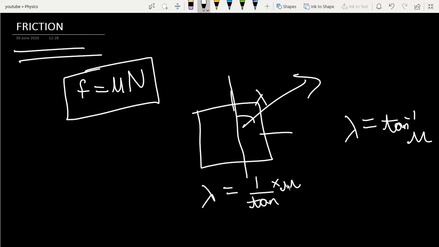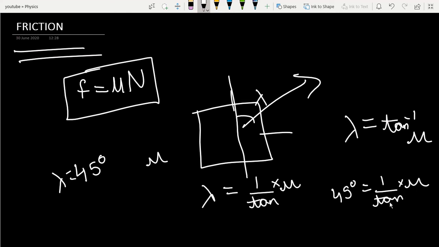So let's see a question. If the angle of friction is 45 degrees, so we know the value of lambda is 45 degrees, then find the coefficient of friction. The question is as follows. We can substitute the values in this equation. 45 degrees is equal to tan inverse mu.